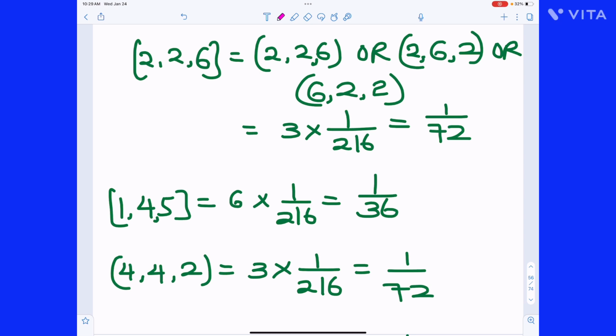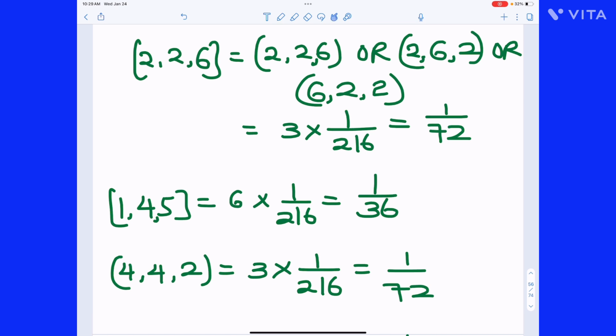Either 226 dice ABC, or 262 dice ABC, or 622 from dice ABC. Those are the different ways of getting a total score of 10.